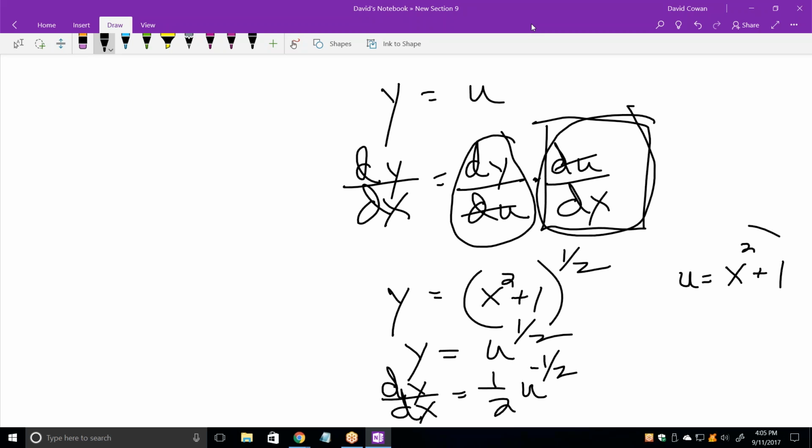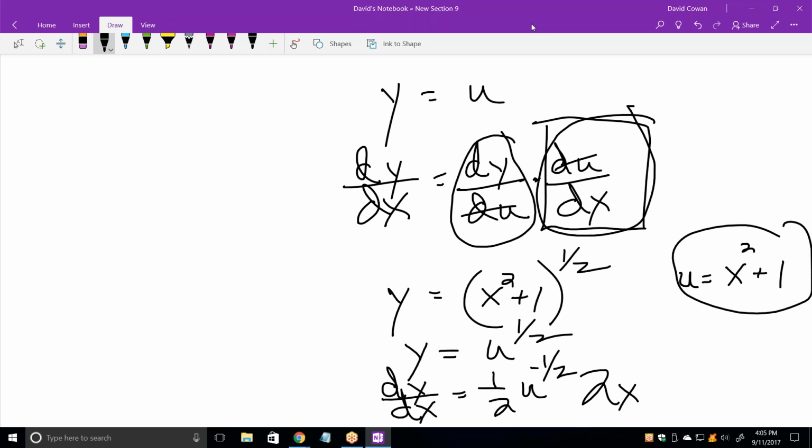What is du/dx over here? Just take the derivative. What's u prime? Real simple. Use the power rule. So it'd just be x. No, 2x. That's it. So I've got to multiply this by 2x.